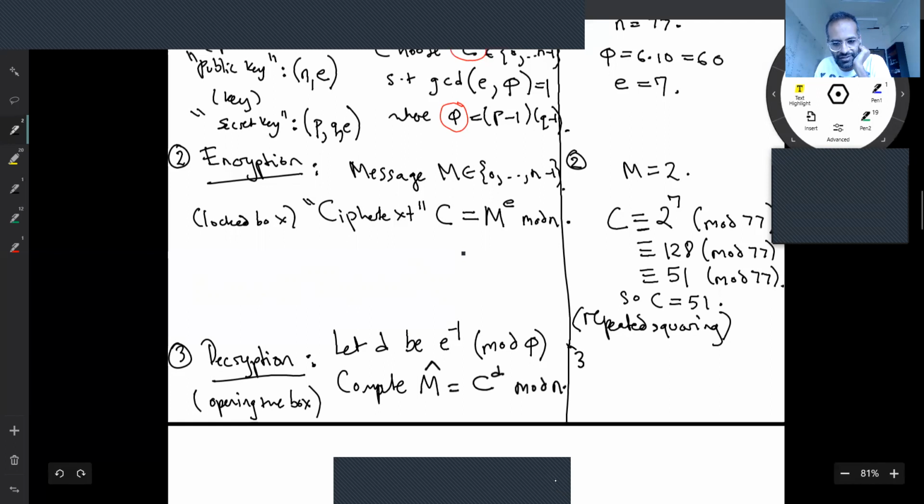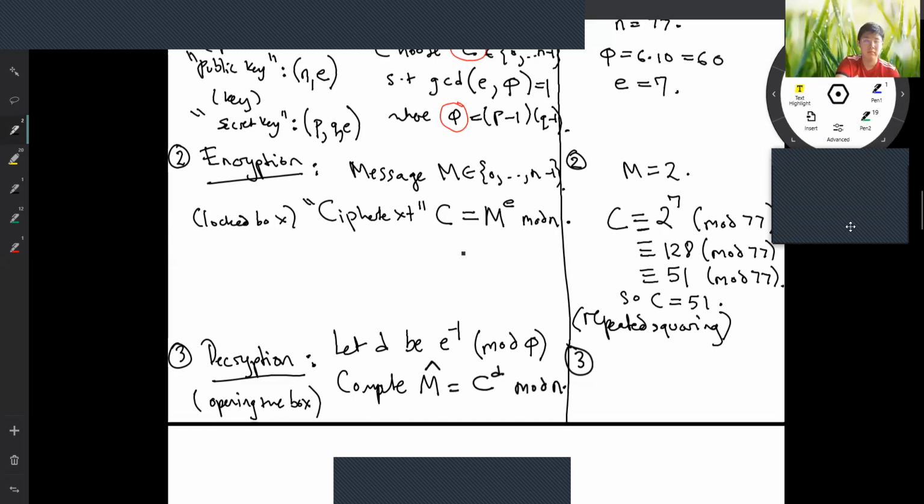So in this numerical example, let's just see what we get when we do this. The ciphertext is 51. So first I have to compute an inverse of 7, right? So the first step is you have to compute 7 inverse modulo phi, which is 60. How would you do that?